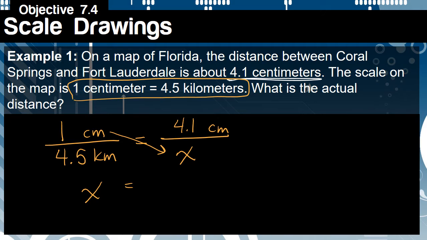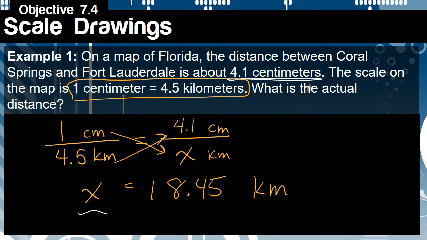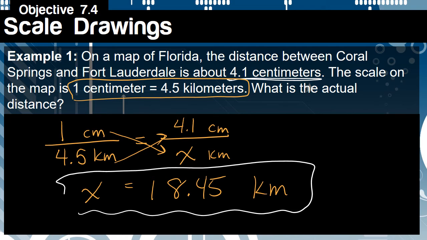Please don't do that. 4.5 times 4.1 gives us 18.45. We are solving for kilometers, so let's add our label in kilometers. Using our scale, we figured out the distance between Coral Springs and Fort Lauderdale is 18.45 kilometers.